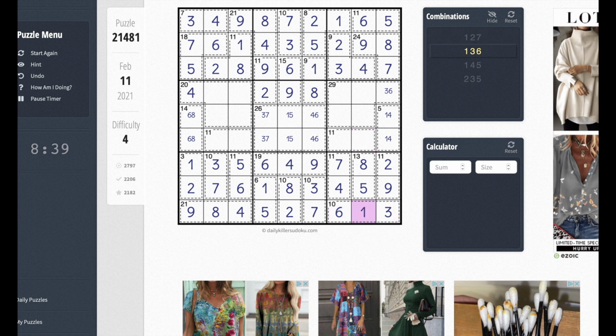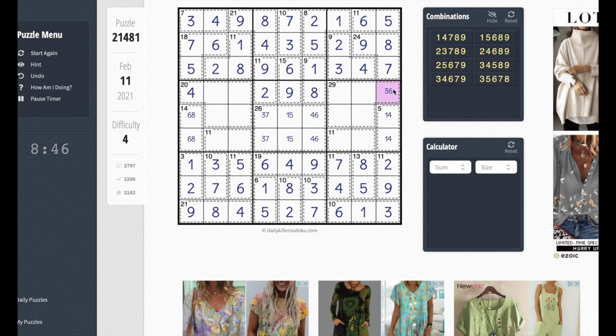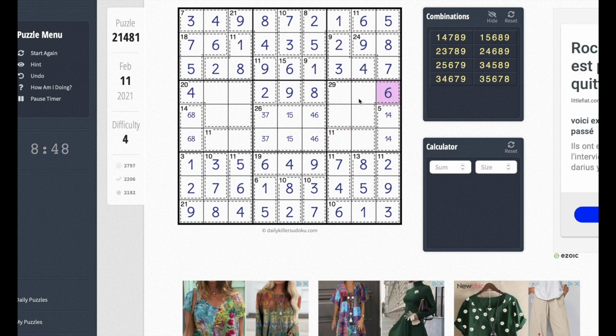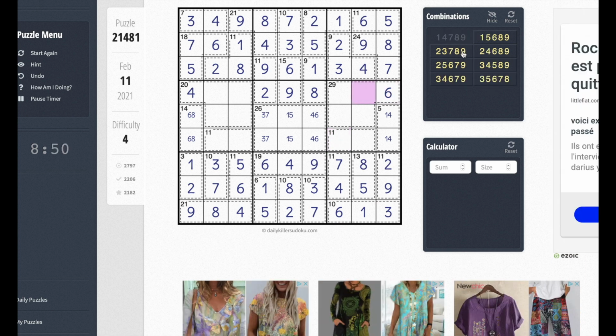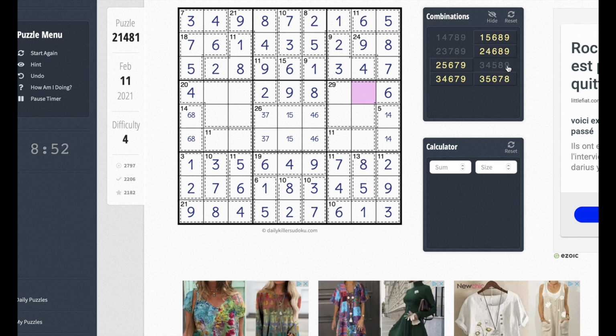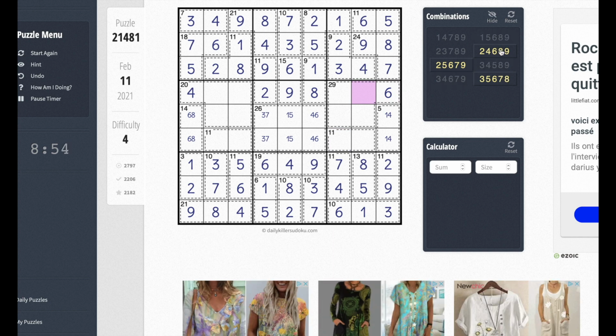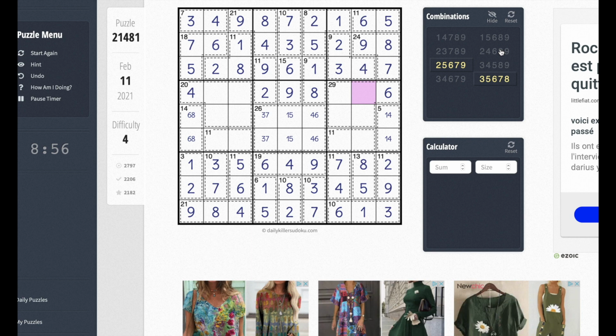Do a bit more resolution. Doesn't quite help us, except we can put a 6 in there now. So that's got to have a 6 in it. It can't have a 1 or a 4 in it. Okay, so we're down to a couple of options. We'll get there soon.